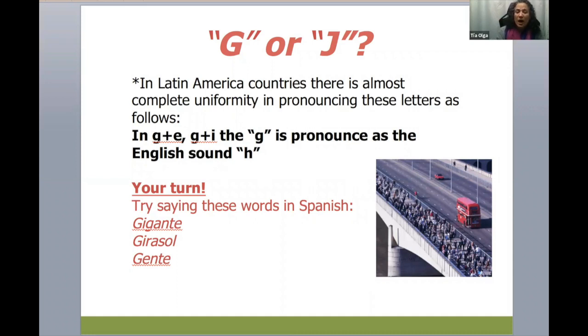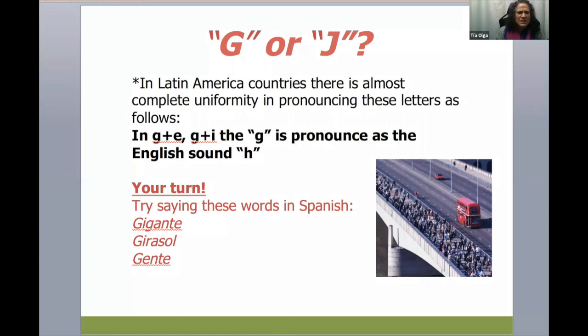But when you have G-E, G-I, you pronounce it like hello in English: gigante, girasol, gente. You need to be careful.